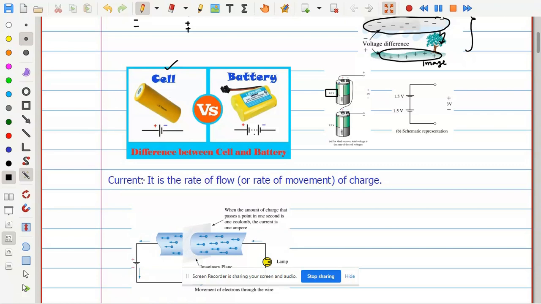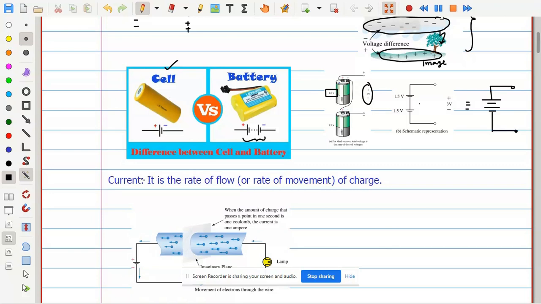Whereas a battery is a combination of cells, two or more cells, and its corresponding representation looks like this. Sometimes we may represent the combination of cells, instead of the dotted line, just like this. What it represents is that two cells are connected in series, thereby 1.5 volts plus 1.5 volts, which is equivalent to 3 volts.